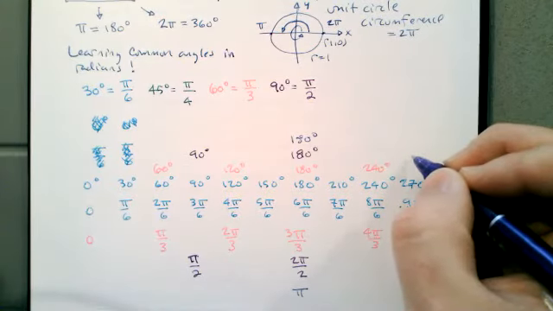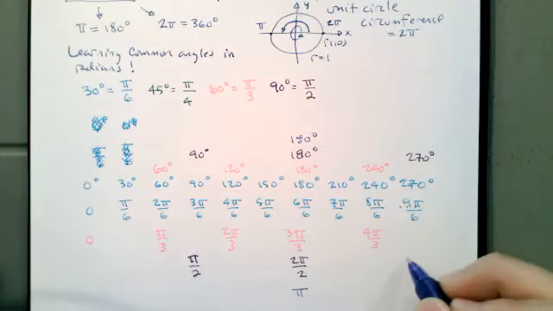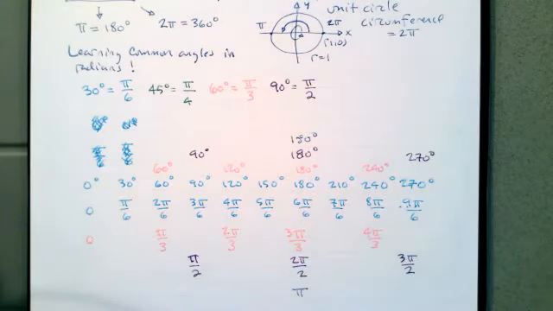So we could write that as 3 pi over 2 down here in the 90 row. Any questions? And then we have to keep going.